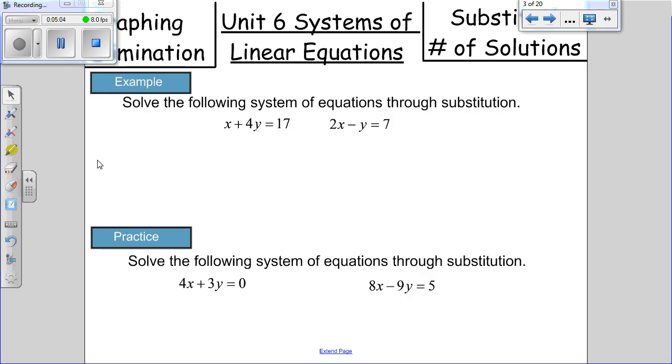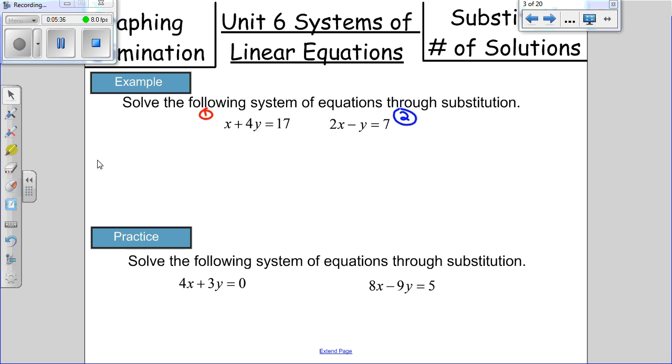The first thing I do is I label one of these equations, equation 1, and I label the other equation, equation 2. I'm going to keep equation 1 in red. I'm going to keep equation 2 in blue. When I do algebra, I'll try to do it in green so that you can kind of see where things are going. The first step is to pick whichever equation looks more basic, looks easier.